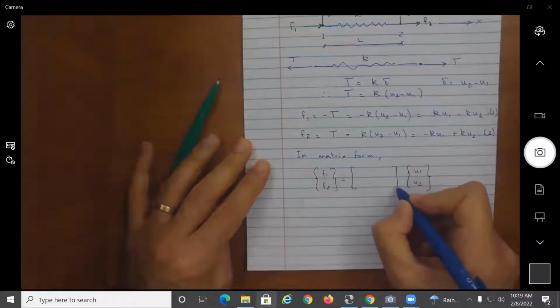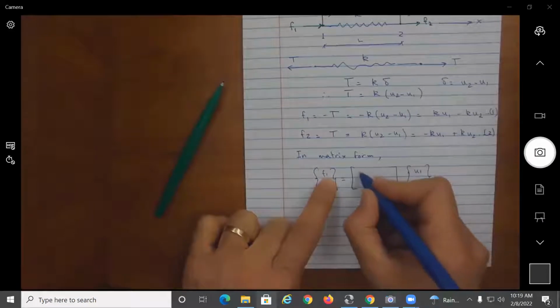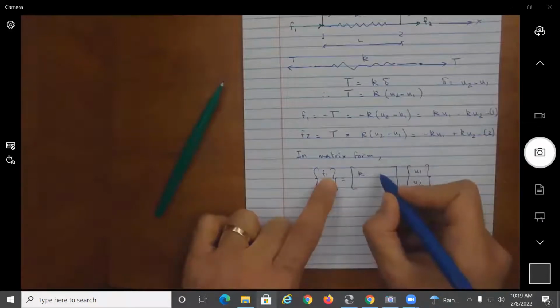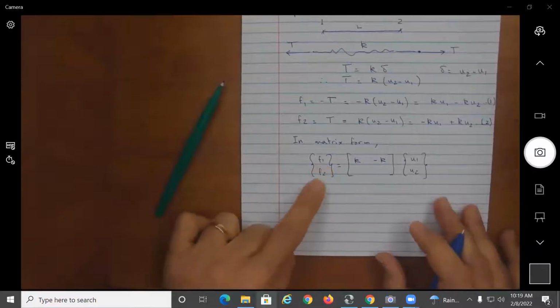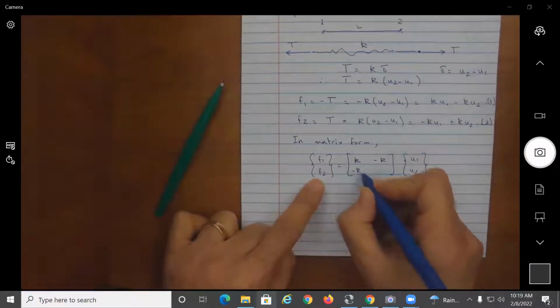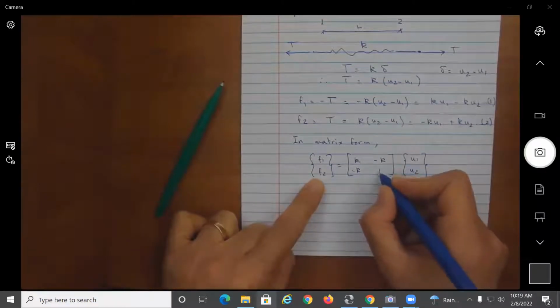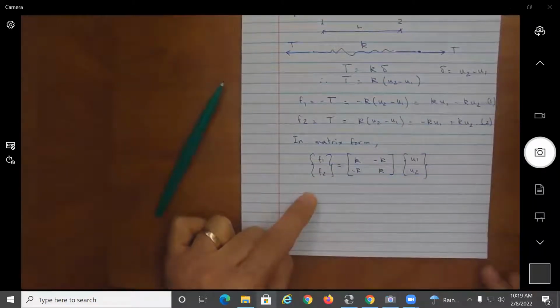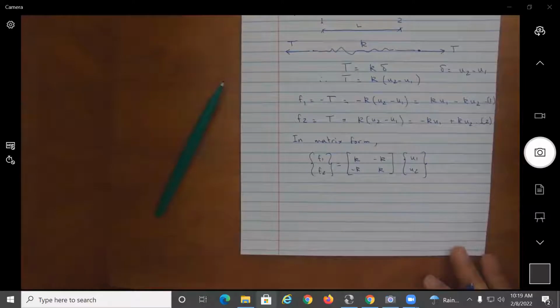For F1, I have K times U1 and minus K times U2. For F2, I have minus K times U1 and plus K times U2. These are known as the element stiffness equations.